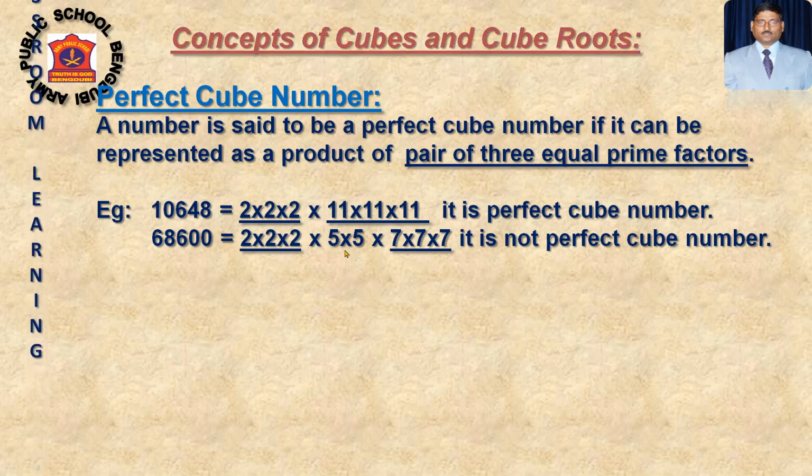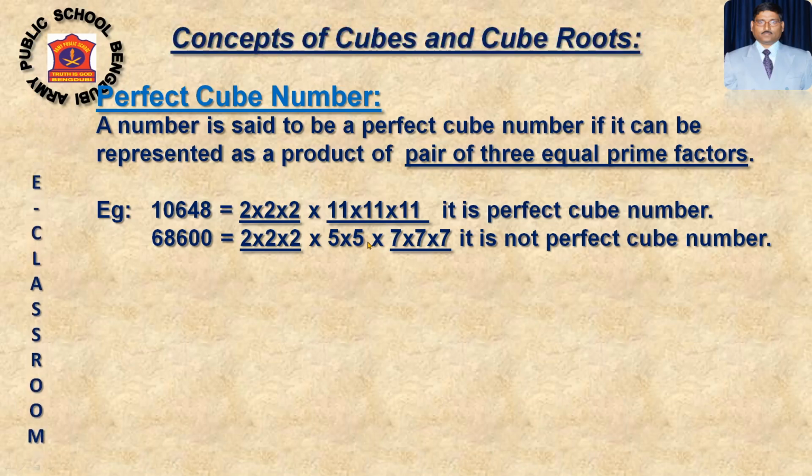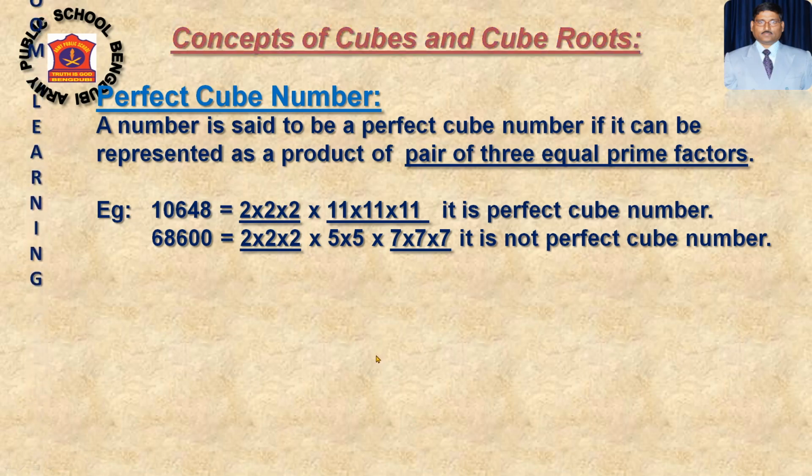So in this case, if I like to convert into perfect cube number by multiplying, I need 5. That means in case of multiplication, I have to multiply it by 1 more 5. In case of division, you can make it perfect cube number by dividing also. These 2 5s we have to remove. How do we remove? By dividing.